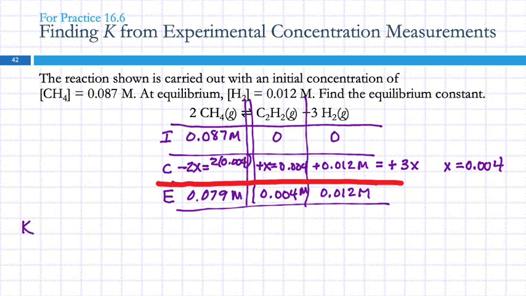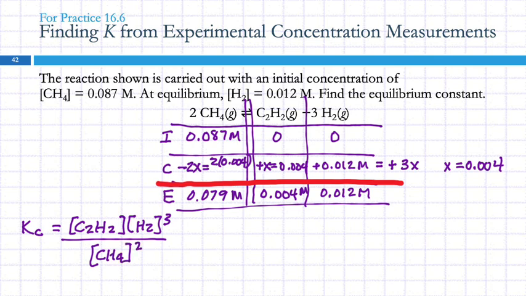So Kc then equals, and again, we're going to write this out. We're not going to skip directly to the numbers. This is part of showing your work. And if you do everything perfectly all the time, then you could validly say you don't need to show your work.